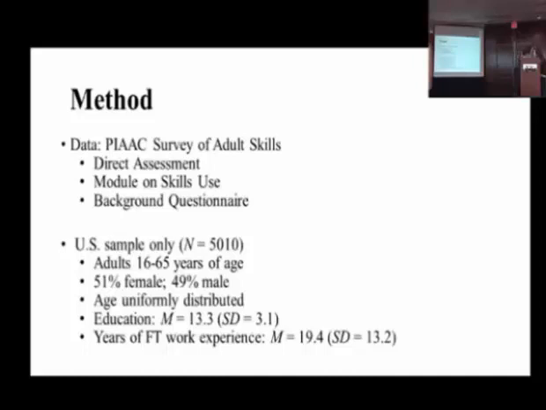You can see the more specific information in regards to the age distribution, gender distribution, and so on here on the slide. Average educational attainment and years of work experience, about 20 years on average in the population.